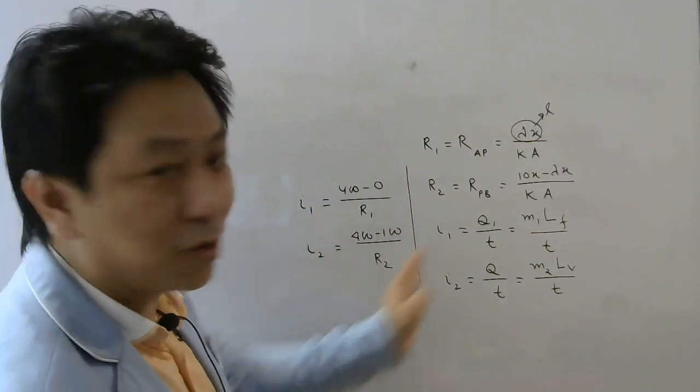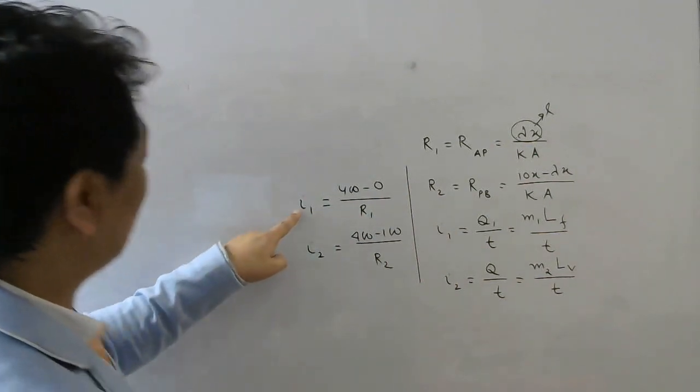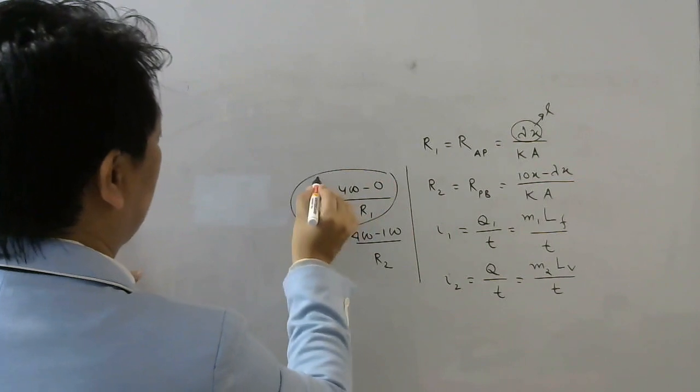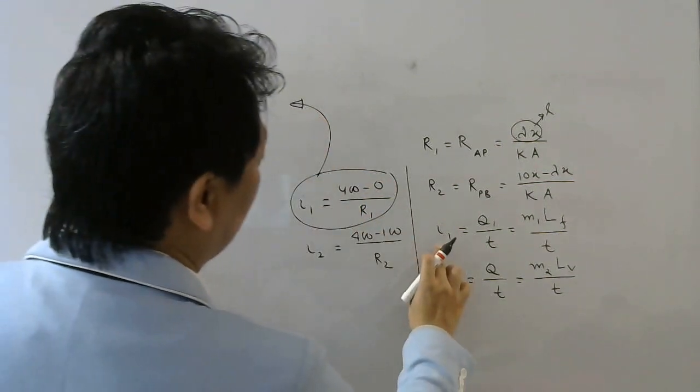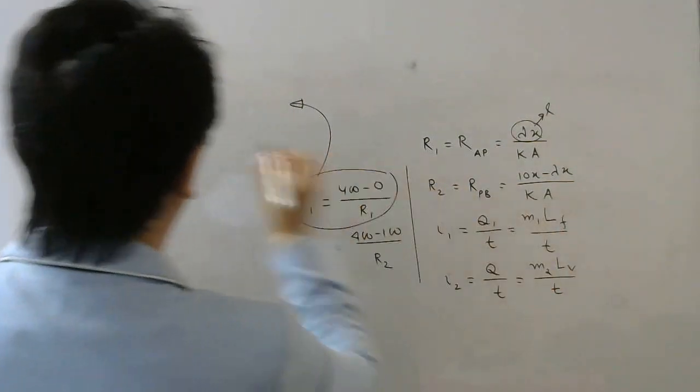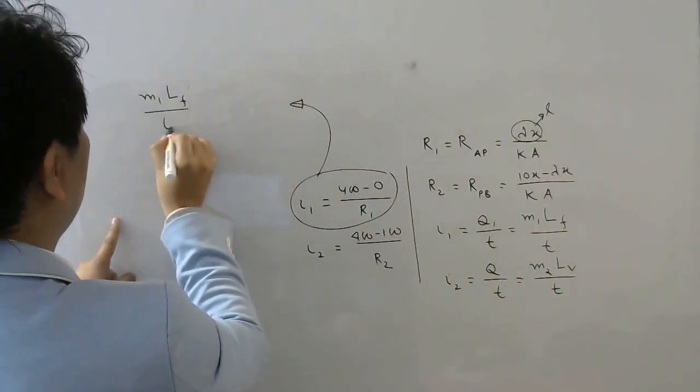Now I just need to solve these equations. Let us substitute for I1. I1 is M1 into latent heat of fusion divided by time.